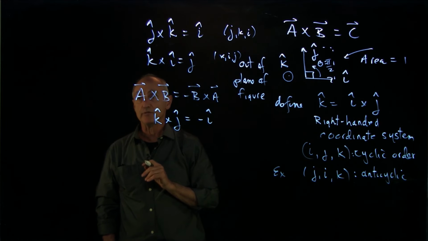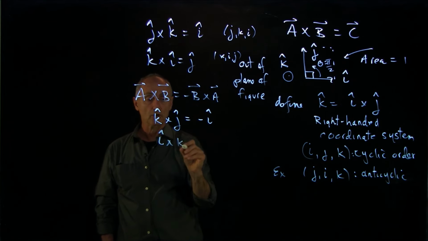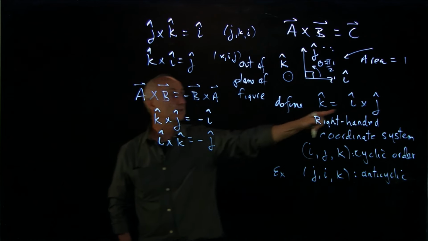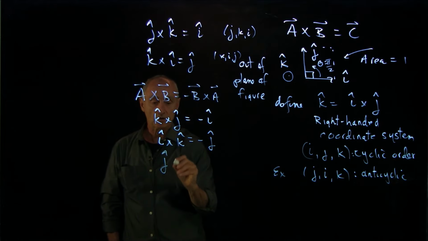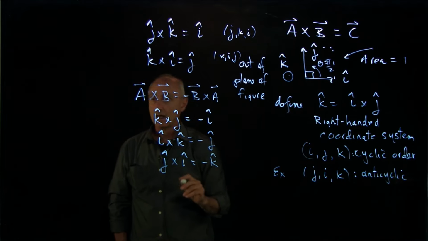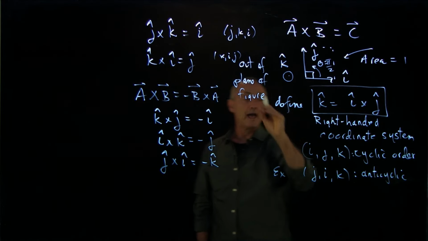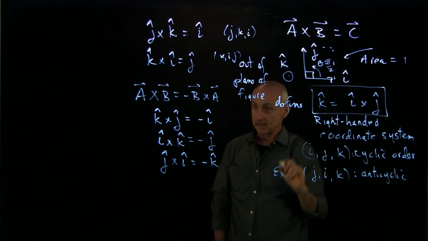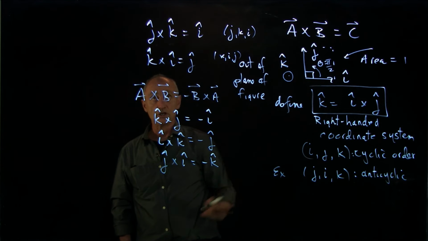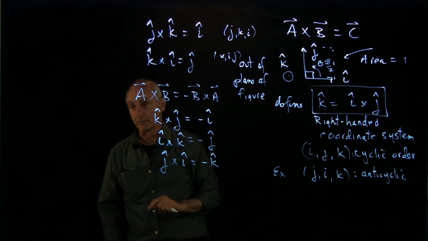That's the anti-commutative property of the cross product. Similarly, i hat cross k hat is minus j hat. And lastly, j hat cross i hat is minus k hat. And so, in fact, you only need to know one, and this idea of cyclic and anticyclic, to be able to write down all of the other six. So we have 1, 2, 3, 4, 5, 6.